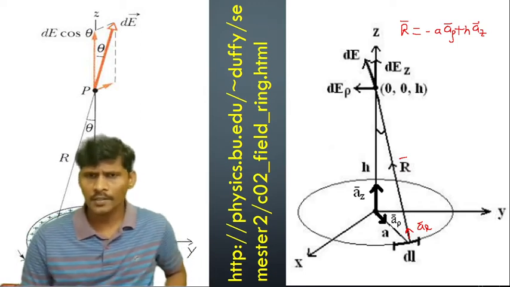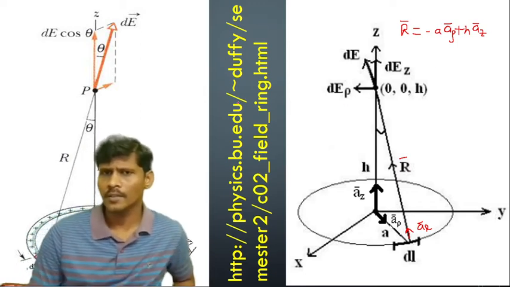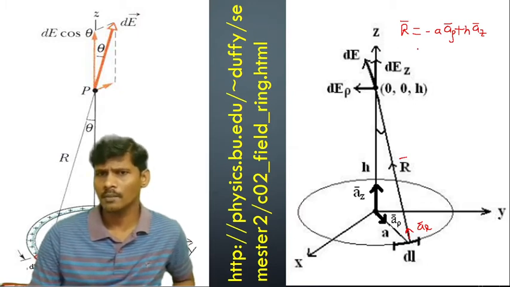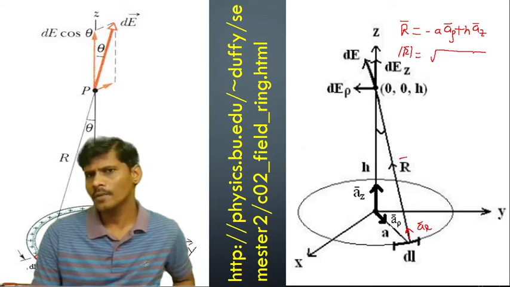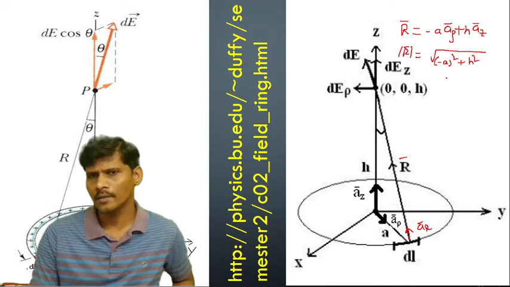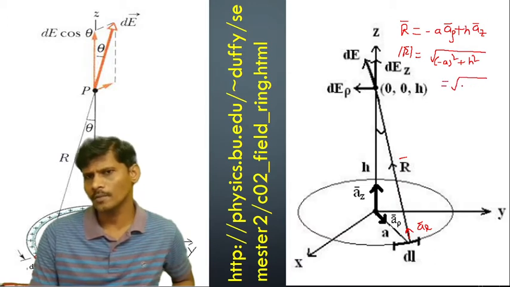And what is the magnitude of R bar? Take the magnitude on both sides. The magnitude of R bar is the square root of the a rho bar component square plus the az bar component square, so that is equal to the square root of a square plus h square. The magnitude of R bar is simply written as R.